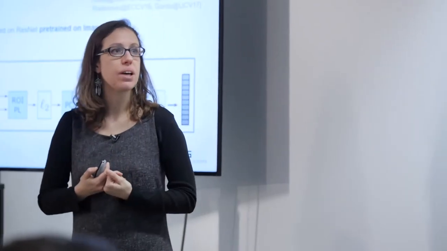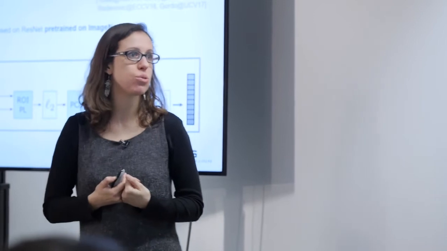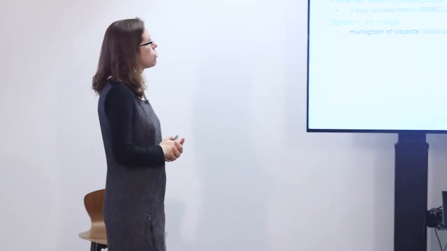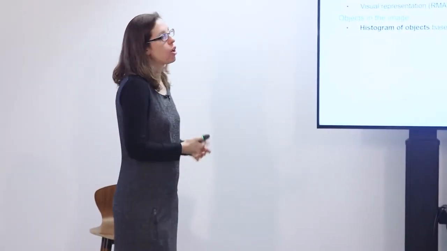Is it true or not? As a visual representation, we used the one I presented before, this RMAC descriptor, and we use it pre-trained for classification on ImageNet, because it's a very standard thing to do. The second thing we looked at is the object in the image. We are lucky we have annotations that tell us exactly what kind of objects we have in each image.